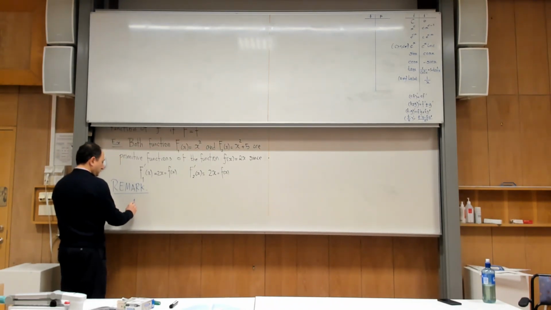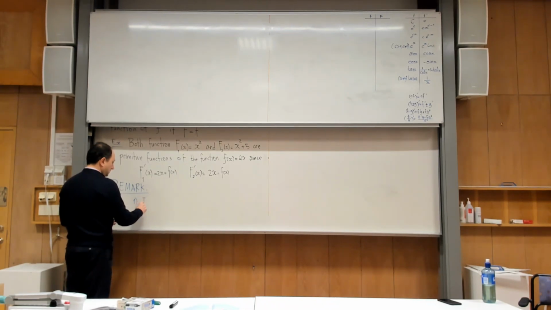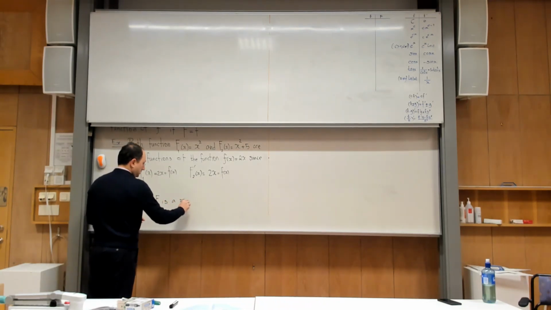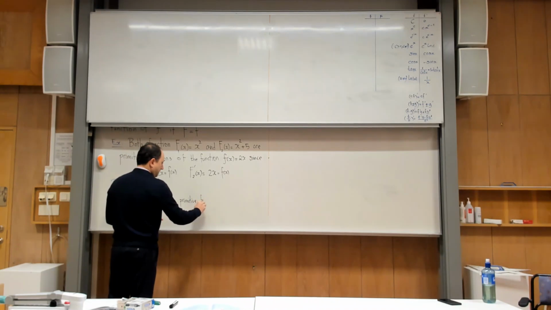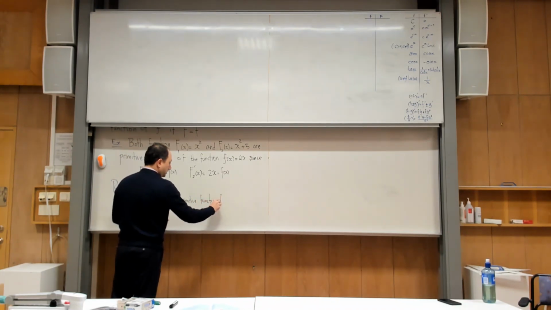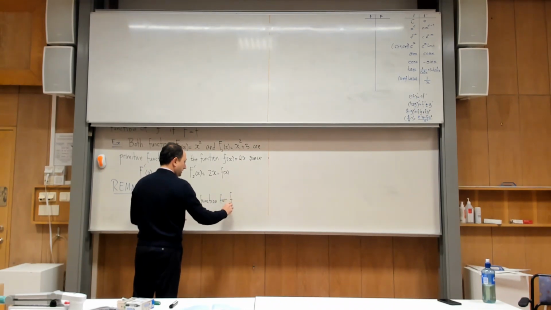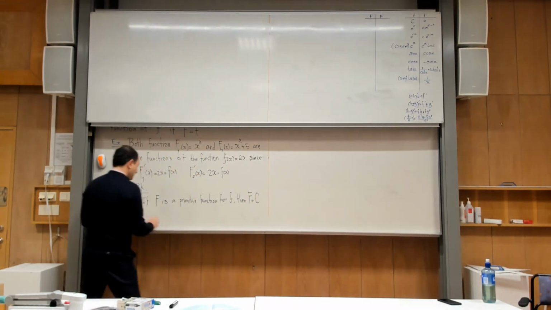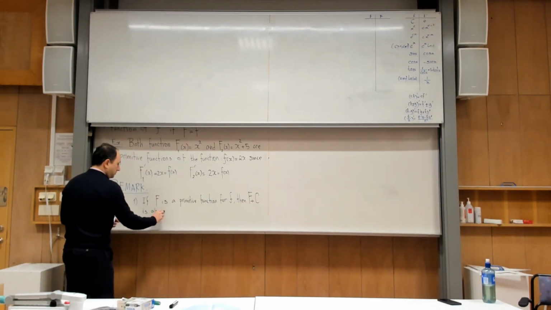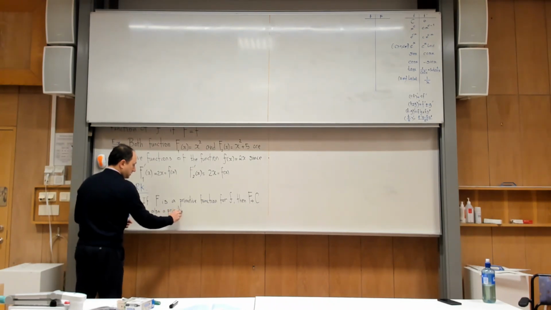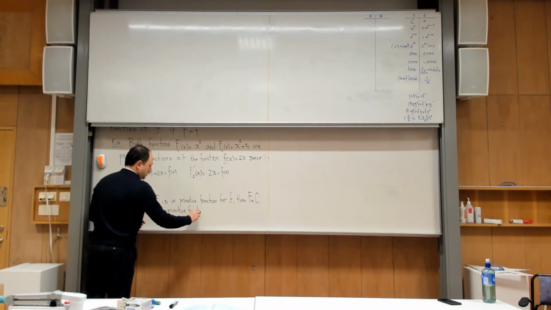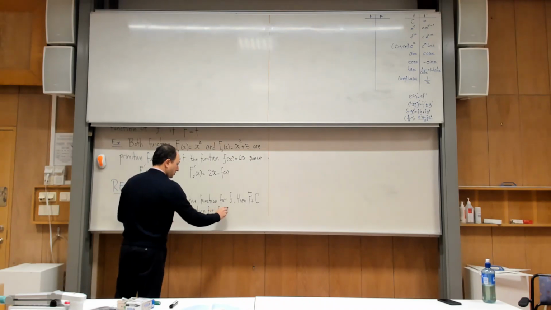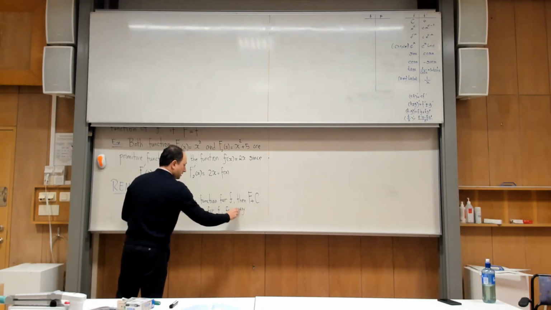Number one, if F is a primitive function for little f, then F plus a constant c is also a primitive function for little f, for every constant c.